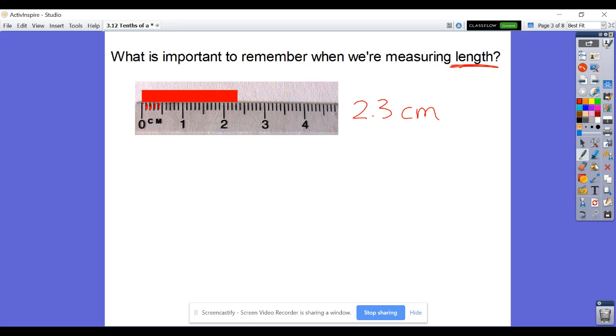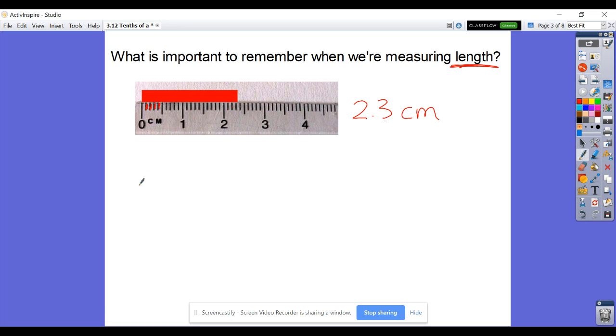That would be the length of the red line. What did I have to consider as I was putting the ruler up to the line, figuring out my answer 2 and 3/10 centimeters? Think in your head, maybe jot down on your paper, what were some things that were important? Pause the video if you need to and play back when you're ready to hear some of my thoughts.